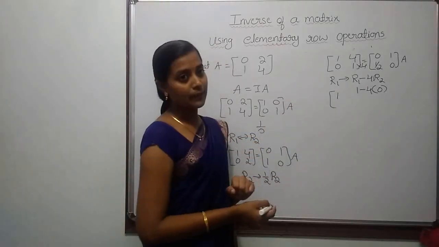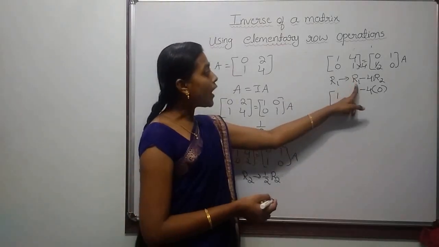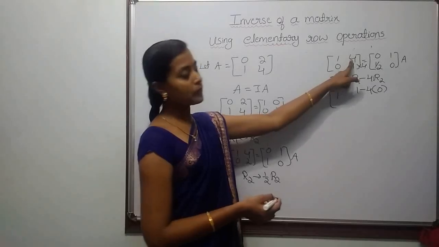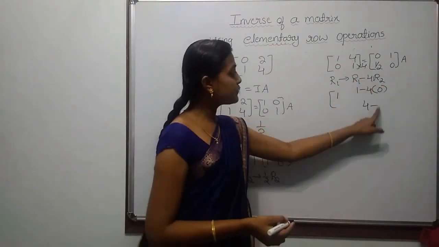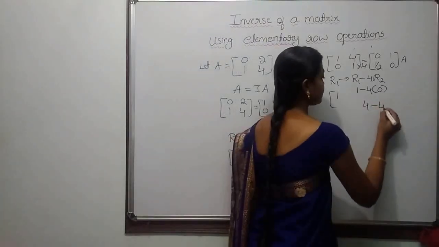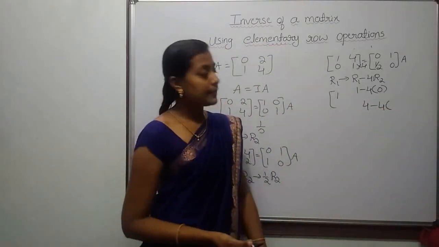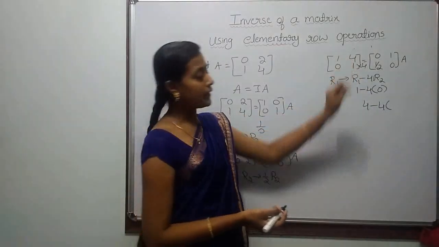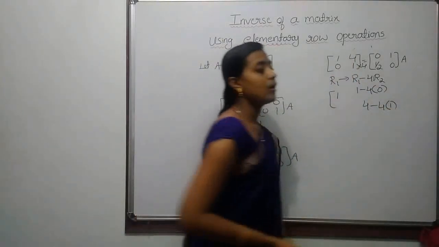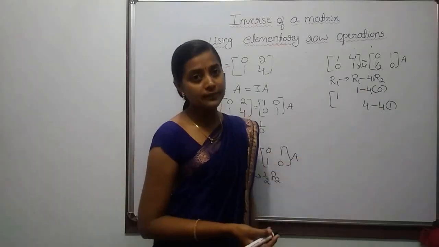For the second element, R1 is 4, minus this 4 as it is, then R2, the second element of R2 is 1. 4 minus 4 is 0.